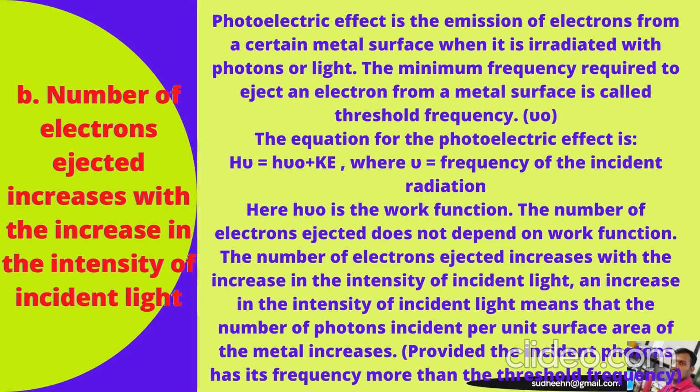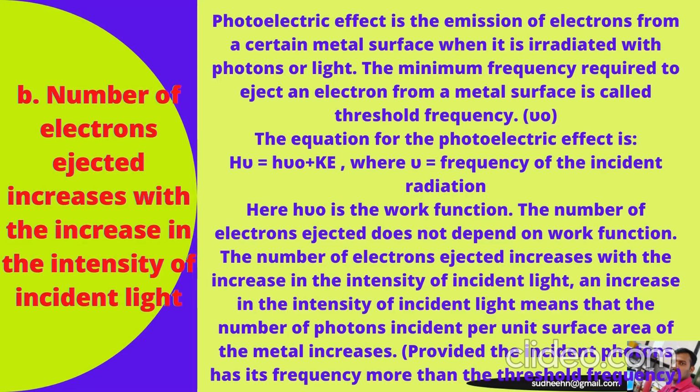The minimum frequency required to eject an electron from a metal surface is called the threshold frequency, that is ν0. The equation for the photoelectric effect is hν = hν0 + KE, where ν is the frequency of the incident radiation. Here hν0 is the work function.